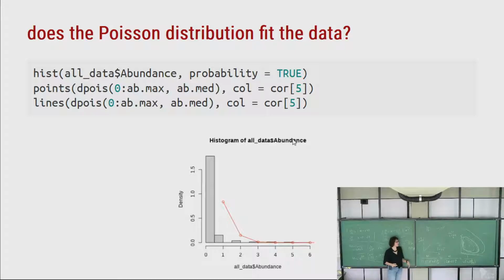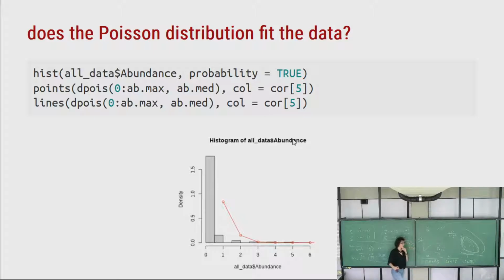So if I start my graphic with points, it won't work because this is a secondary function. It will only work after I have a plot device. So I have my histogram. I want to add points, so I'm adding these points here. And I want to add lines, so it's better to see. So I'm adding also lines with the same command inside. This is exactly the same that I have in points here, but I'm building lines.